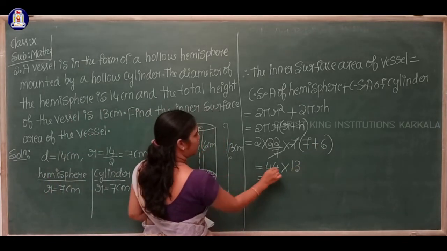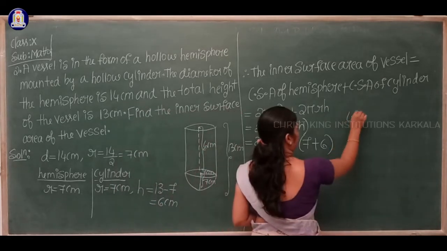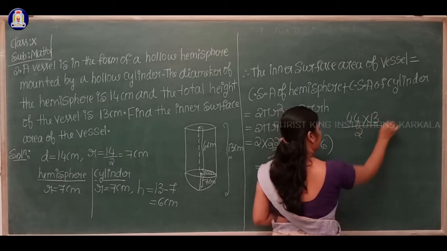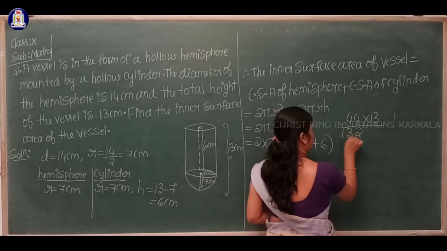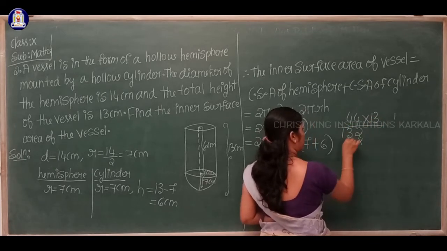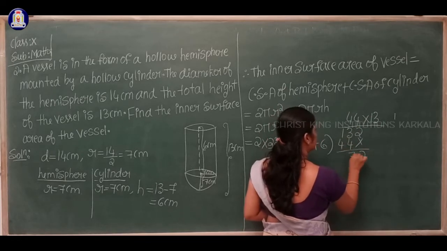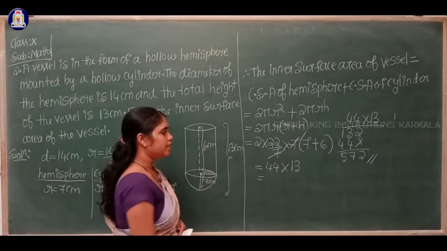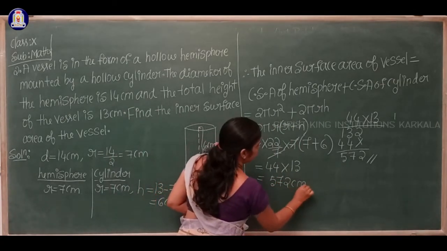Now multiply 44 into 13. 4 3s are 12, 1 carrying. Again 4 3s are 12, 12 plus 1 is 13. 1 4 is 4, 1 4 is 4. So 572.